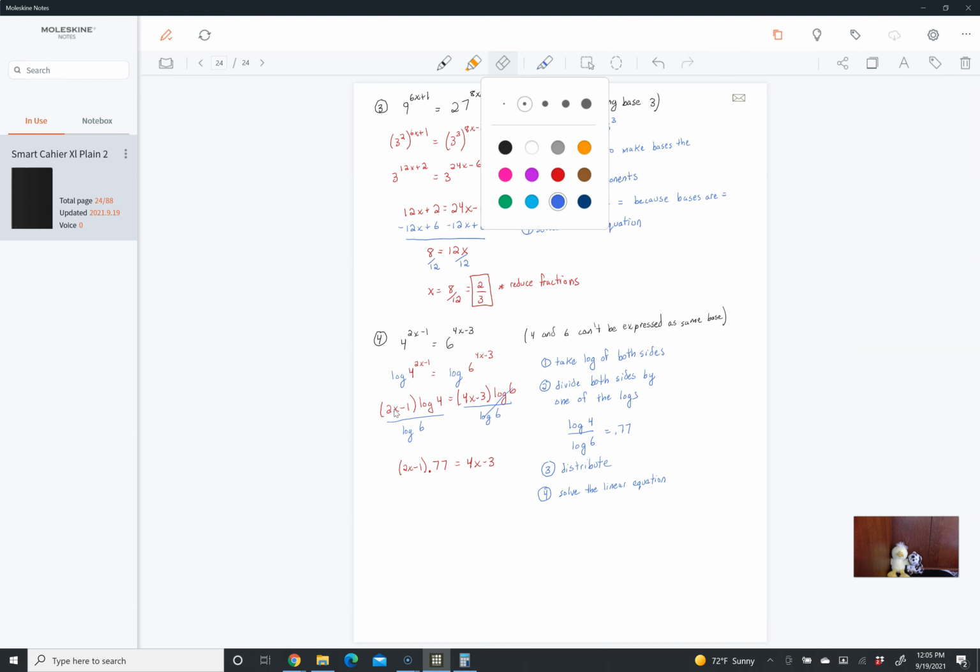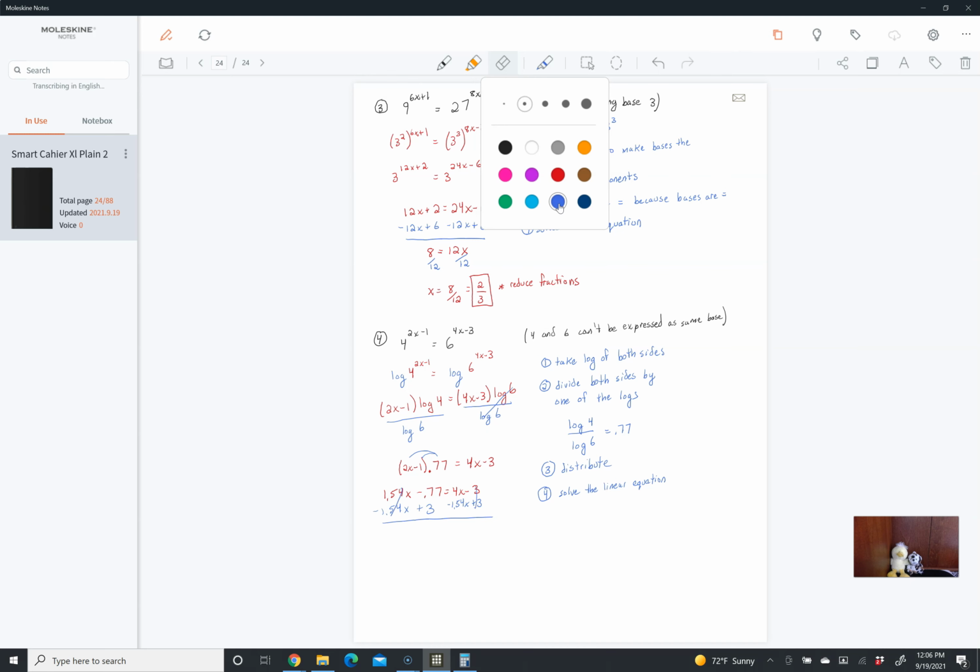So we're going to distribute the 0.77. This gives us 1.54x minus 0.77 is equal to 4x minus 3. And then we're just solving. So we can subtract 1.54x from both sides. Add 3 to both sides.